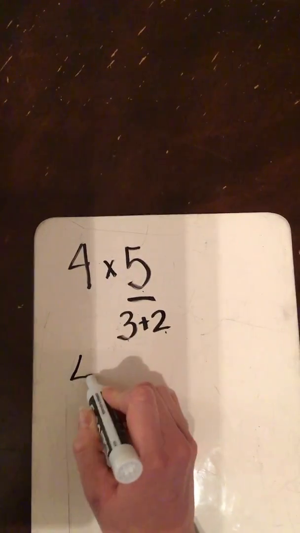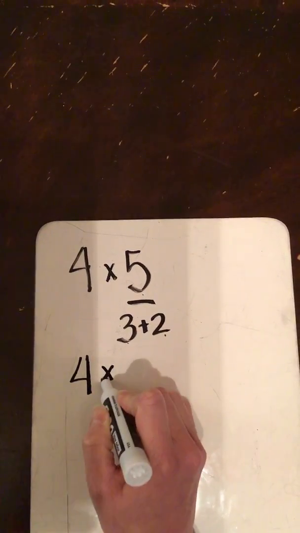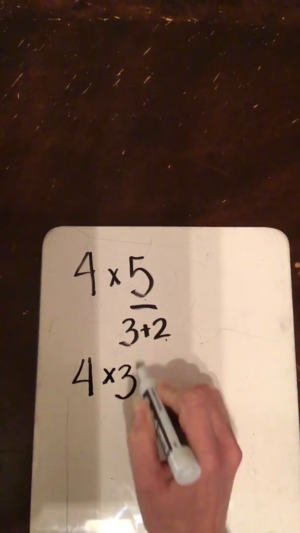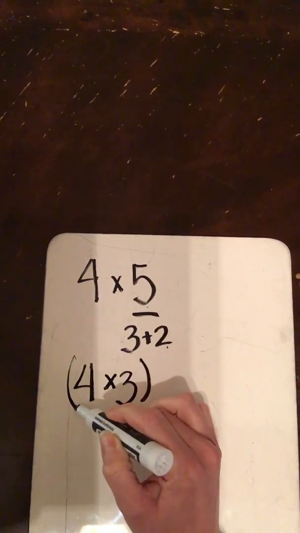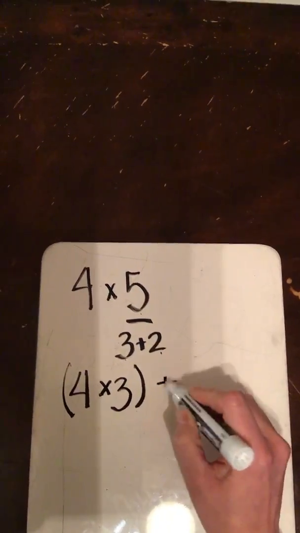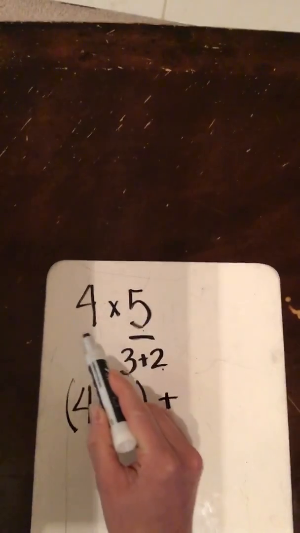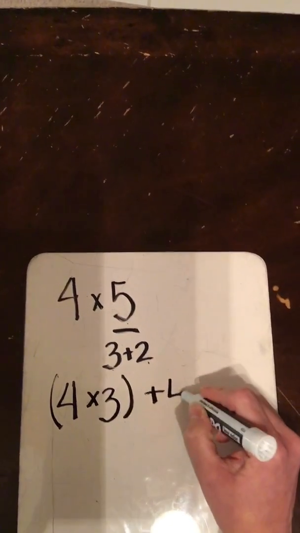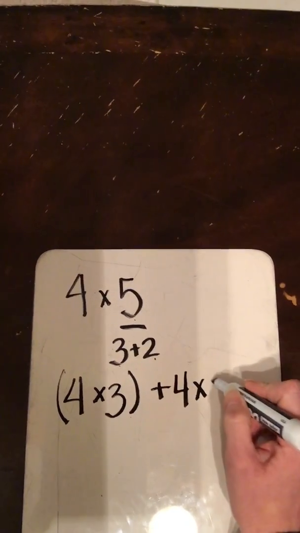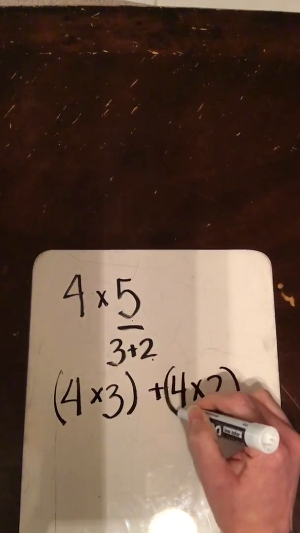That written out would be 4 times 3, put that in parentheses, plus, I'm going to start over here with my 4 again, 4 times 2.